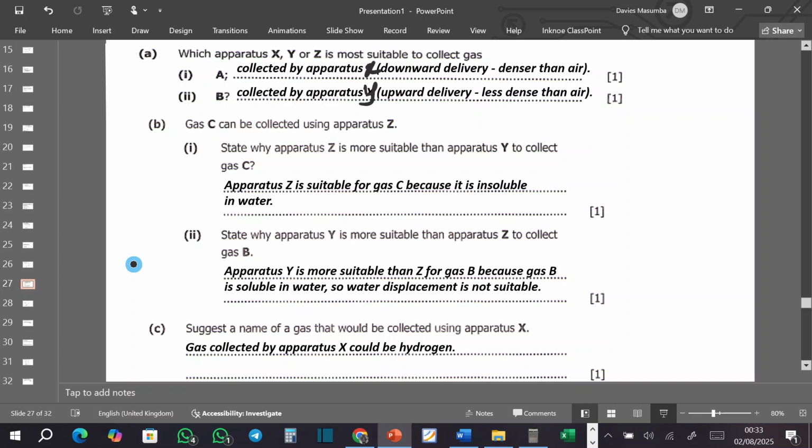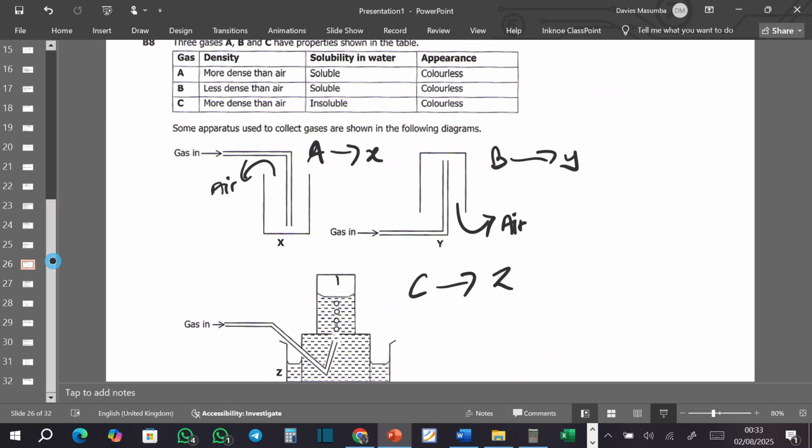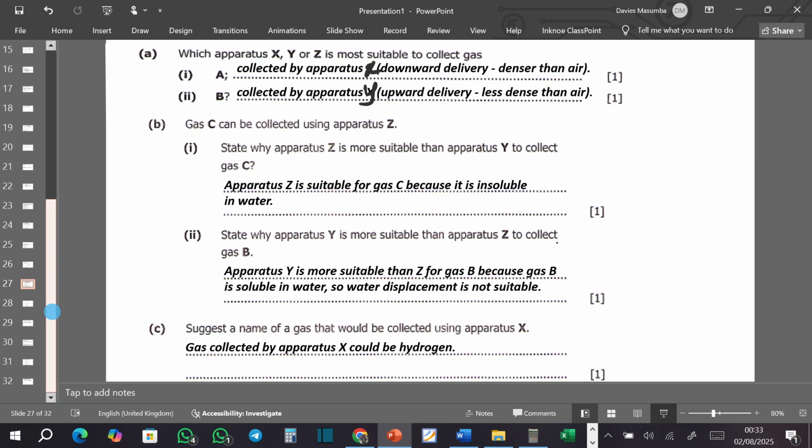In Roman numeral 2, state why apparatus Y is more suitable than apparatus Z to collect B. So the answer is that apparatus Y is more suitable than Z for gas B because gas B is soluble in water, so water displacement is not suitable.